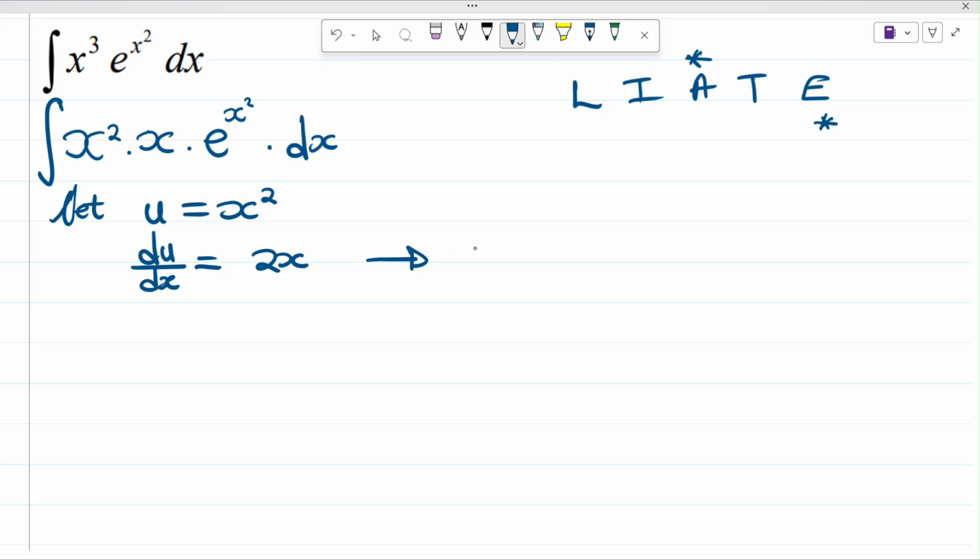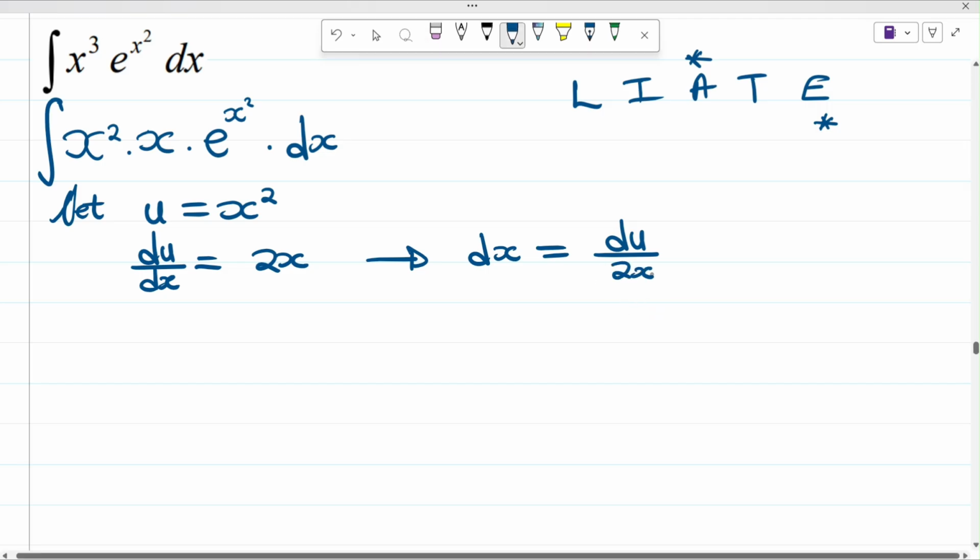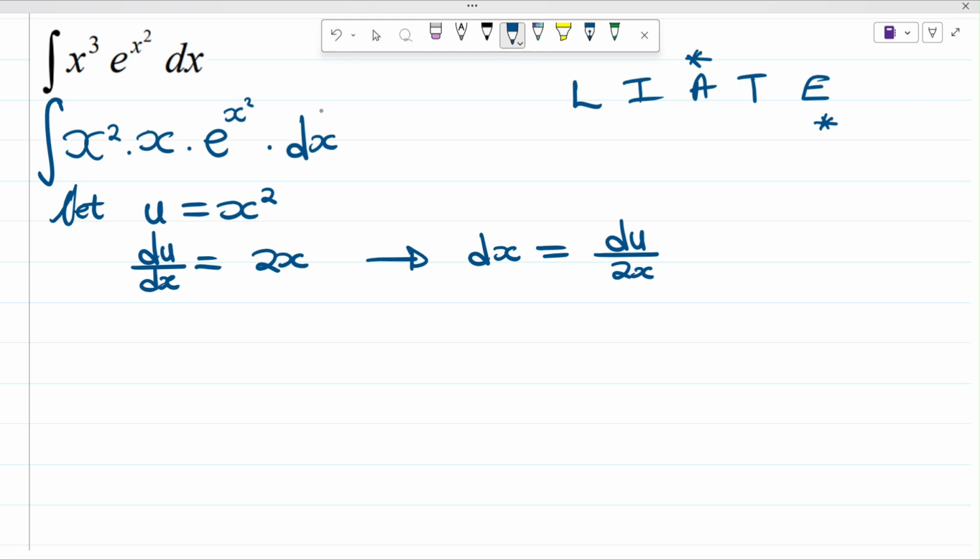Therefore, dx is going to be equivalent to du over 2x. So my dx is equivalent to du over 2x. Now I can substitute everything there.